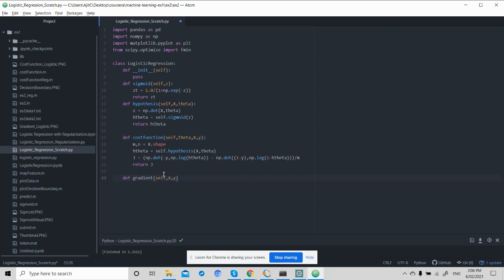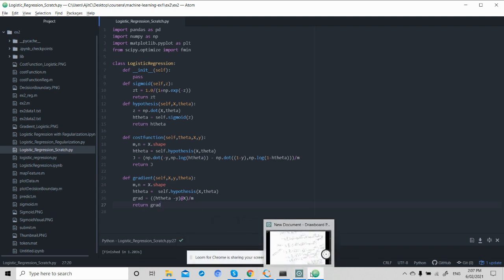We need x, y, theta, and let's say h theta will be from here, and my gradient descent will be h theta minus y, and then matrix multiplication with respect to x, and then finally divided by m. So this is my gradient descent equation.